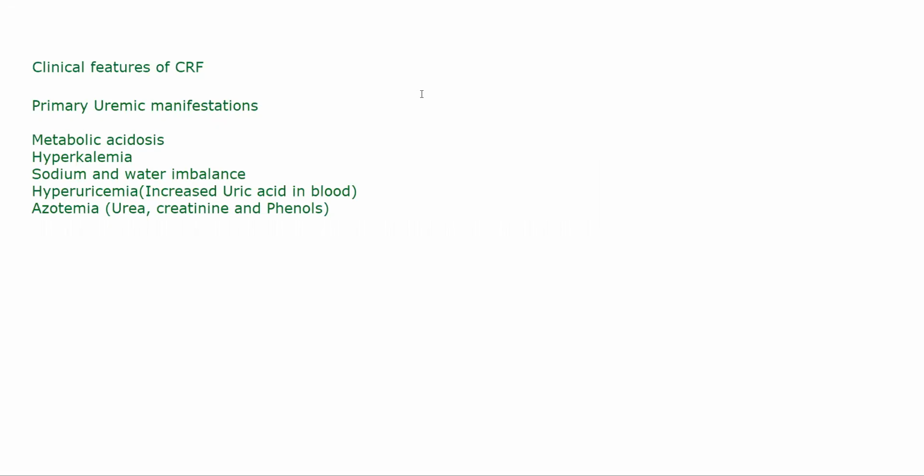Coming to secondary uremic manifestations. Secondary uremic manifestations are extrarenal. See, the ones on the left, primary uremic manifestations, are mainly because of damage in the kidney, and they occur in systems associated with the kidney directly.